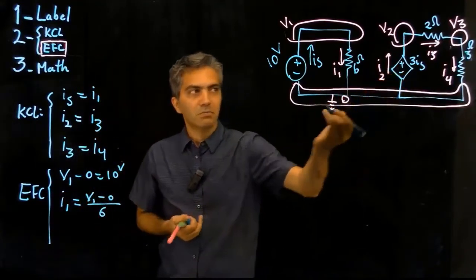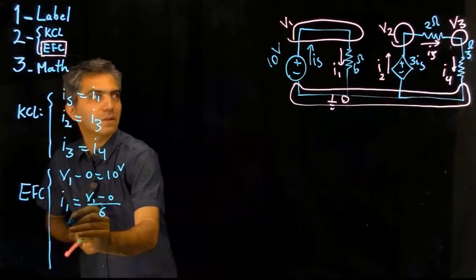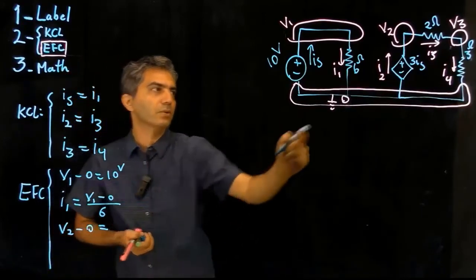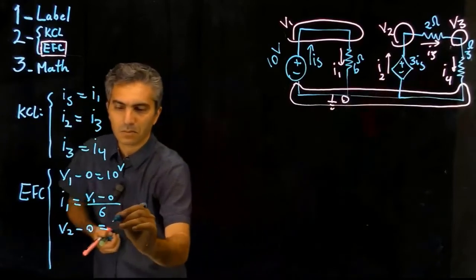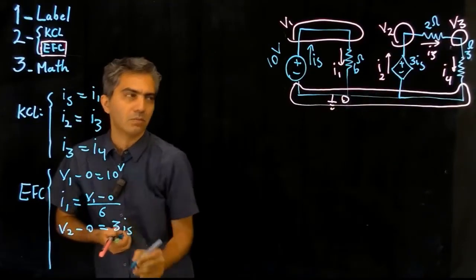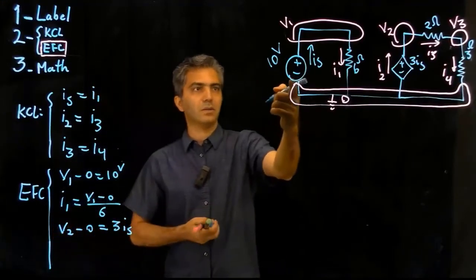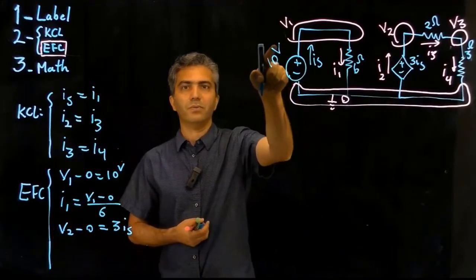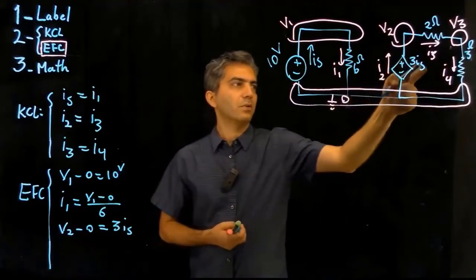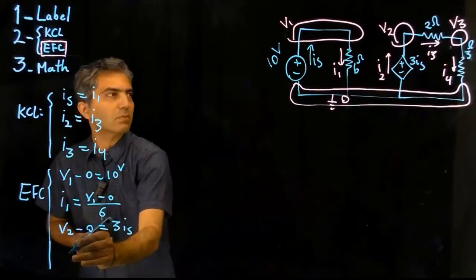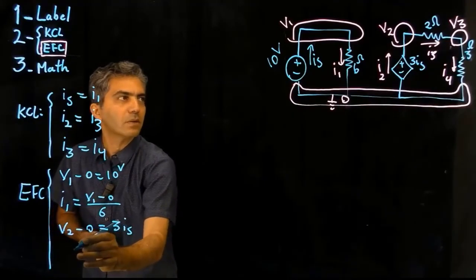For this component, again, the potential difference, V2 minus 0, is equal to 3IS. That's it. That's the equation. You don't have to treat it any differently than the other source. You use the voltage here for that source, and you use the voltage there for this source. It's nothing different.